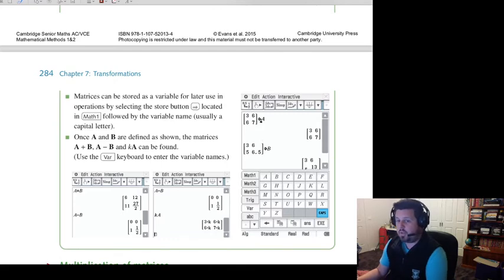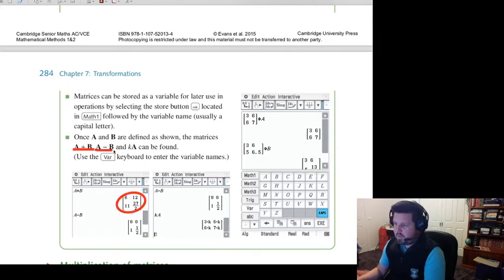Now, once your calculator knows what matrix A is and what matrix B is, you can do pretty cool things like if you had to do matrix A plus matrix B, you don't need to type in all of these matrices again. You can just go, I want matrix A plus matrix B, so A plus B, and it will do the addition for you. How cool is that?